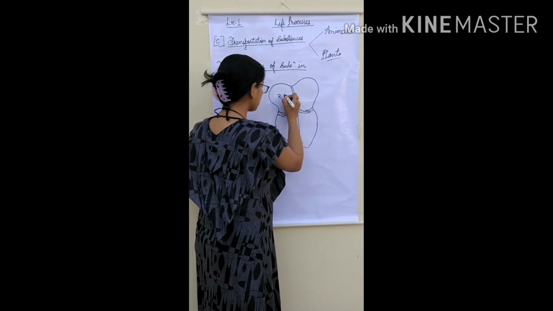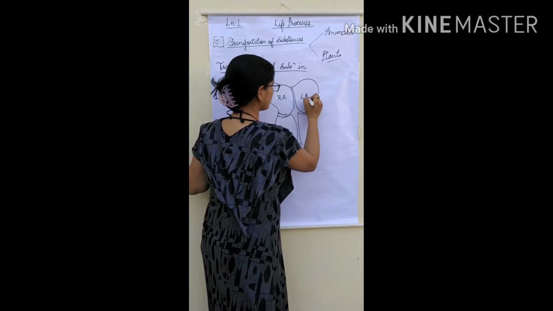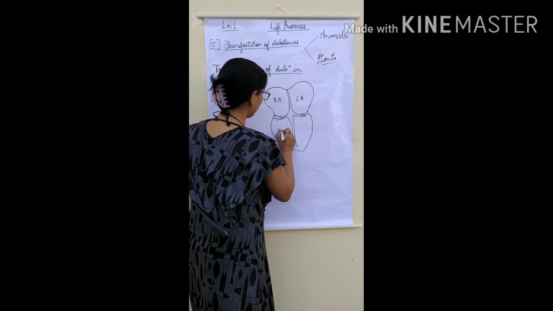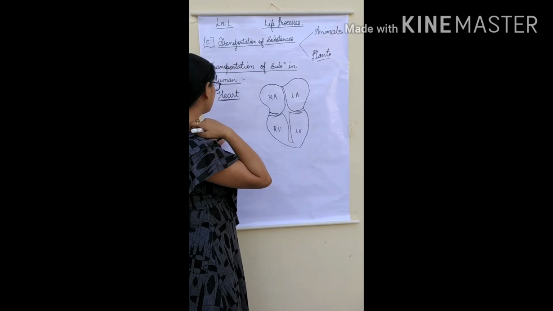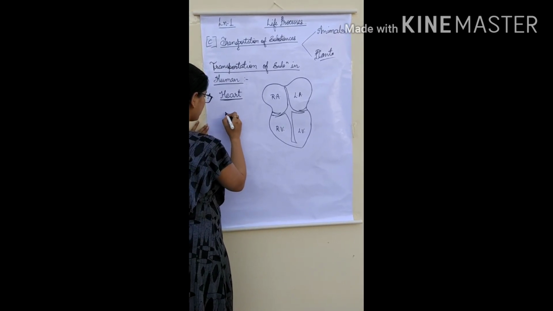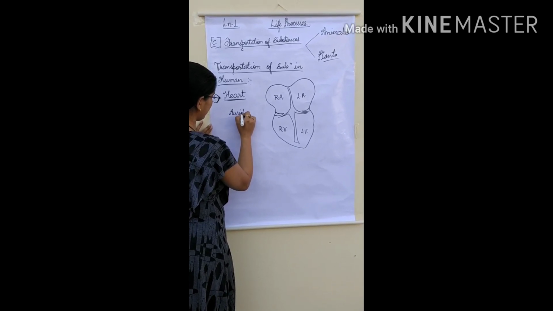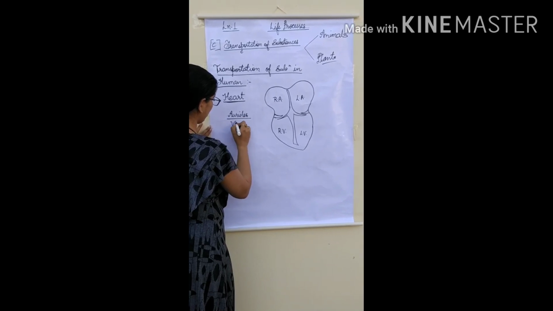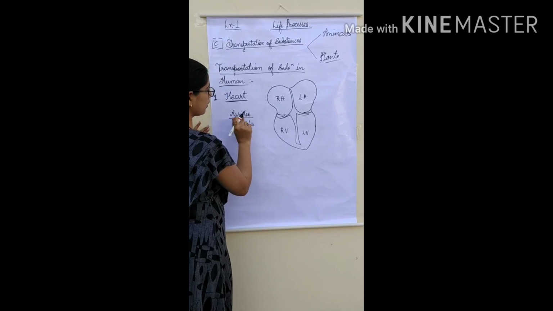Here, this is your right auricle and this is your left auricle, whereas this is your right ventricle and this is your left ventricle. Auricle is also known as atrium.